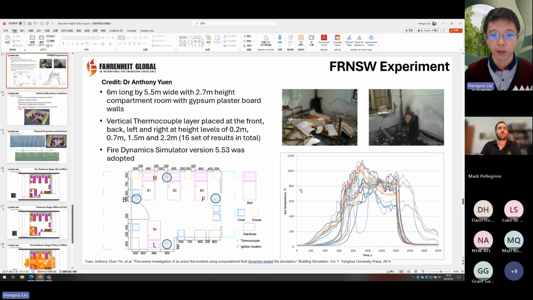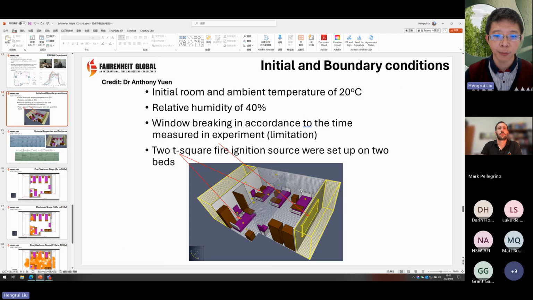We observed the window breakage at 560 seconds. So at that time, 10 years ago, we had to tell the model that the window breaks at 560 seconds. But right now, I'm not quite sure yet, we should be able to trigger the opening of the window based on any parameter we observe within the model itself, like I demonstrated a little bit earlier.